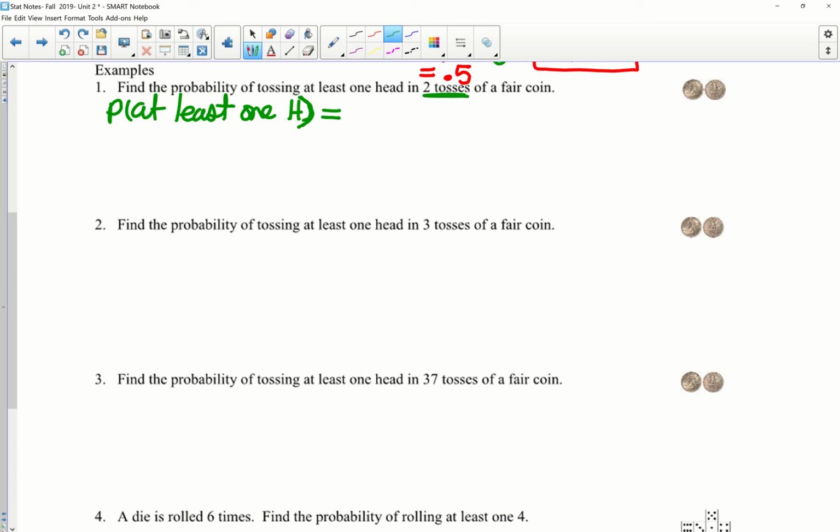So that's going to be 1 minus the probability of no heads. Which in turn, because it's 2 tosses of a coin, is 1 minus the probability of getting a tails and a tails.